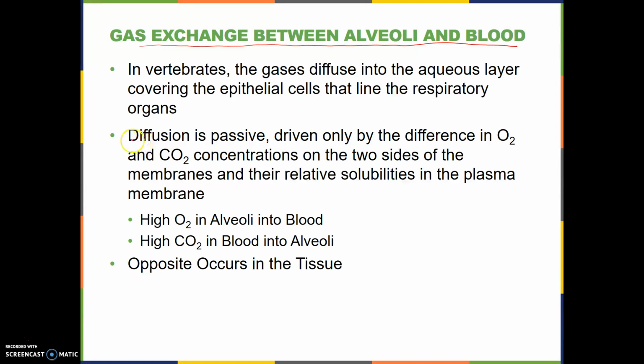This occurs by diffusion because the cells that form the alveoli and the blood capillaries are very flat. It's only a single layer of cells. I don't know if you remember, but it's simple squamous epithelial tissue, which is a single layer of flat cells. And that is what forms the air sacs in the lungs and the blood capillaries. So it's very easy for oxygen and carbon dioxide to diffuse across that tissue.